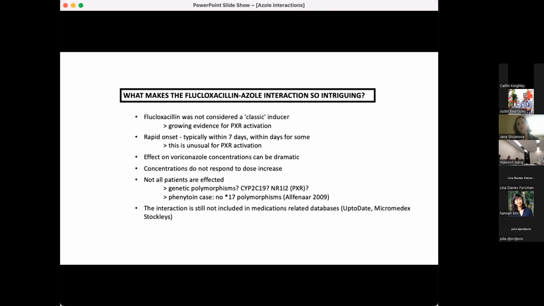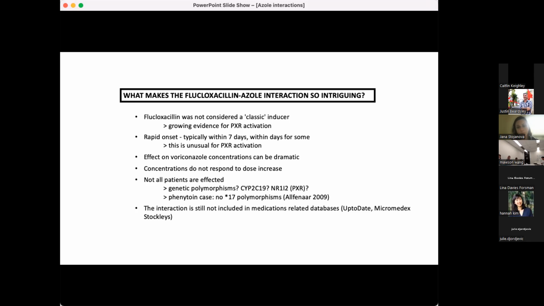So this is unusual compared to other inducers, typically within 7 days, and it can be even shorter for some. But again, we have those examples of the classic inducers with a very high drop in concentrations with phenytoin as well. So there might be something happening in people that are particularly unwell, which I touched on before.